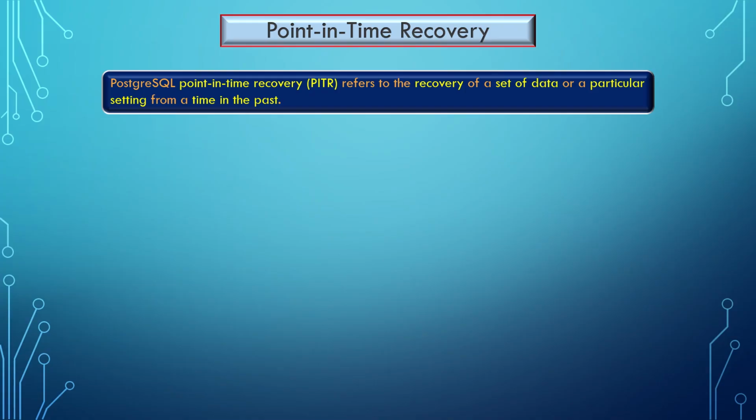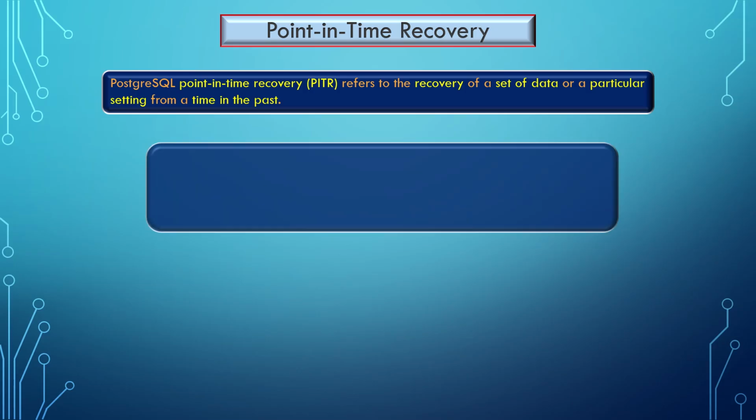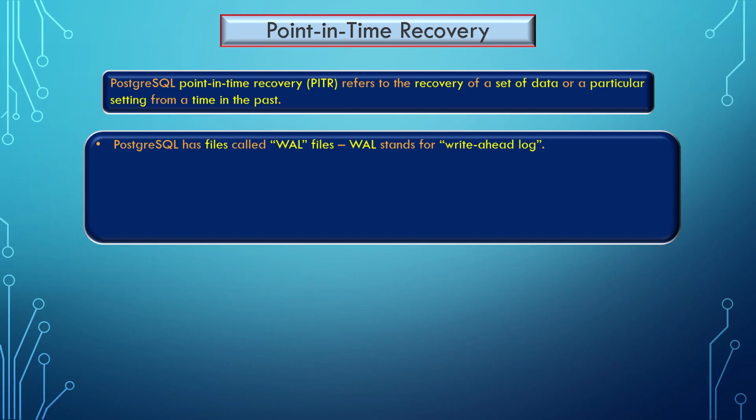PostgreSQL point-in-time recovery, or PITR, refers to the recovery of a set of data or a particular setting from a time in the past. PostgreSQL has files called WAL files. WAL stands for write-ahead log.